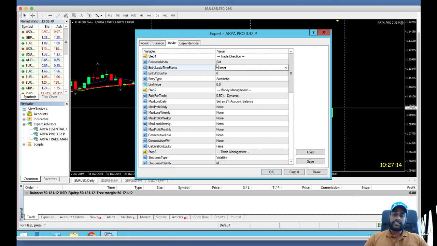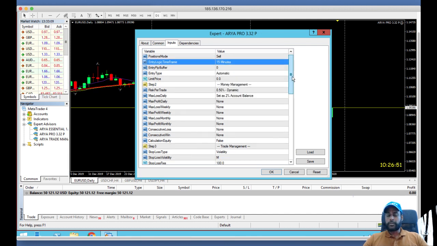But you can also change and say, for example, I want an entry point on a 1 minute time frame because it is more precise and maybe more accurate for what I want to do. I prefer to have an entry logic time frame on my swing trade on a 15 minutes time frame. Why? Because 15 minutes is enough to wipe out all the false signals.